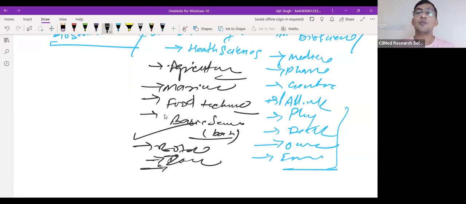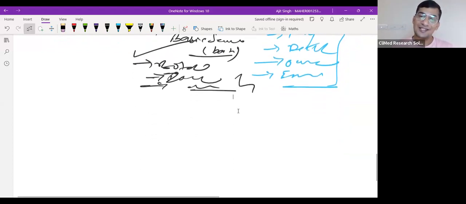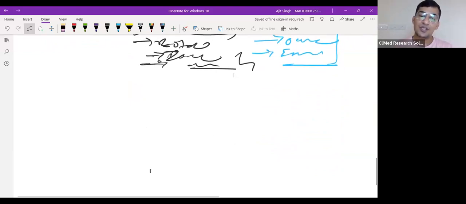These are all part of bioscience, and wherever we use statistics in such cases we can go ahead with that.